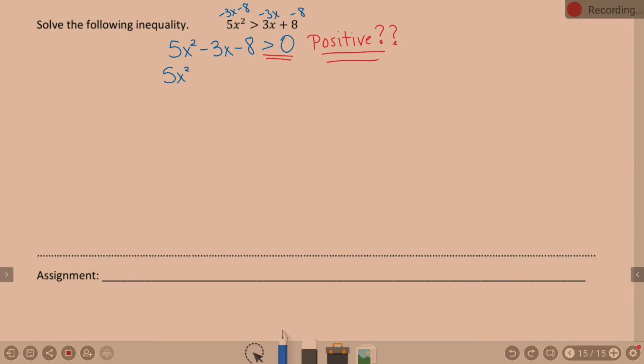5x squared minus 3x minus 8 equals 0. Is there a GCF? Of course not. That would make life too easy. So, can I go straight into parentheses, or do I have to use product of AC? Product of AC because there is an A value.